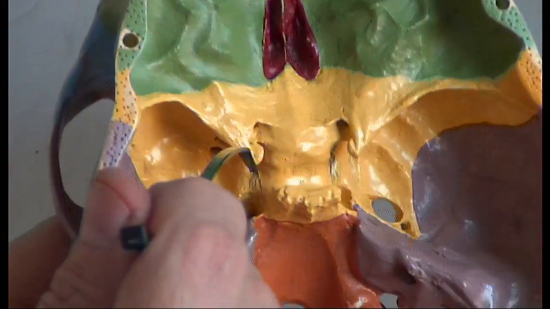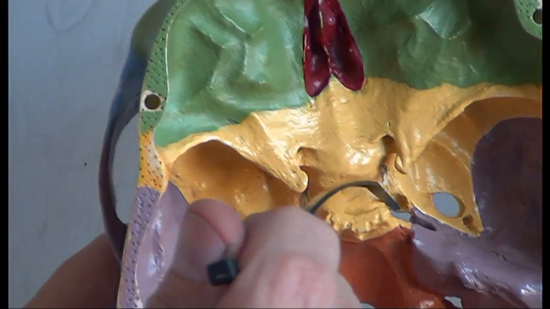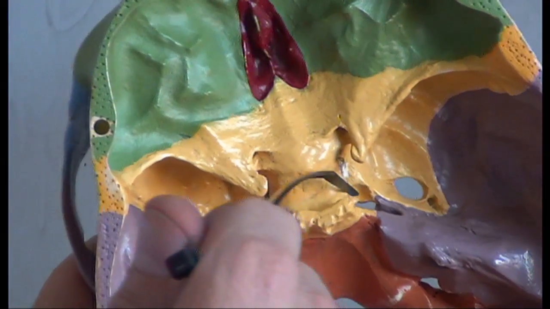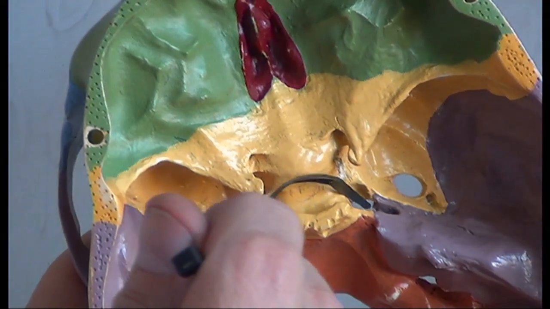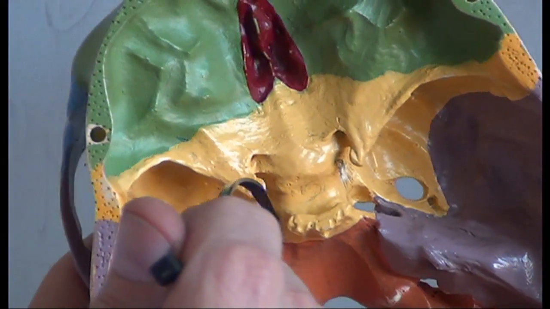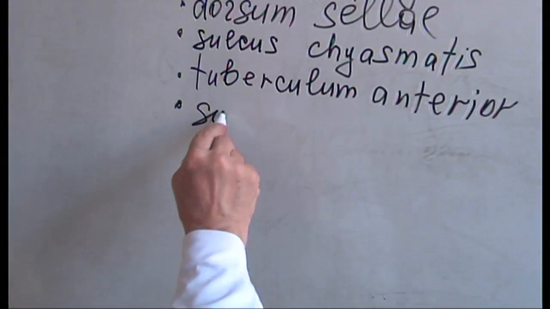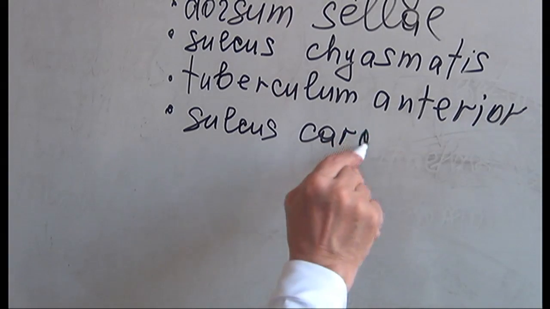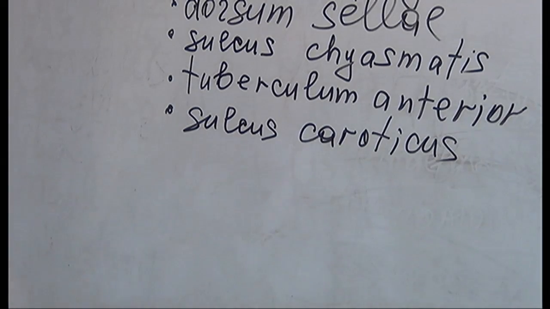And from the lateral sides of sella turcica, we can find these sulci, sulcus caroticus.